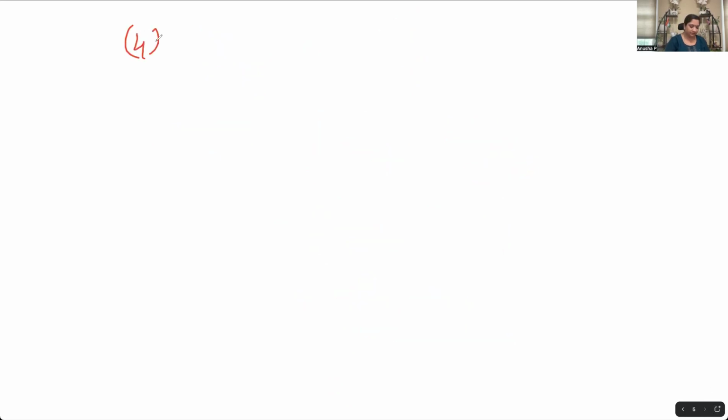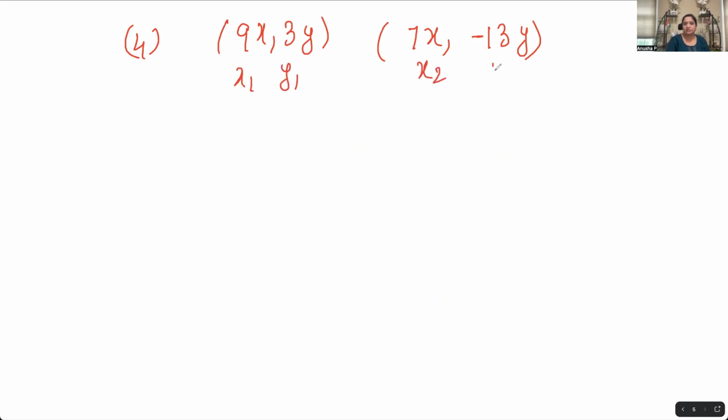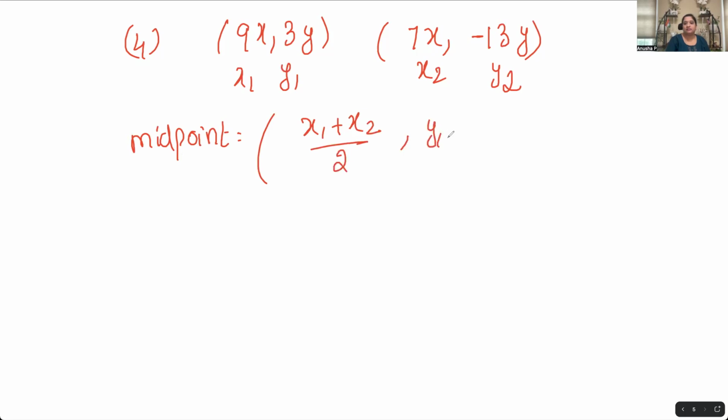Fourth example. If you have 9x comma 3y, okay, and 7x comma negative 13y. Then first step, label the points x1, y1, x2, y2, okay. Write down the midpoint formula: x1 plus x2 over 2, comma, y1 plus y2 over 2.